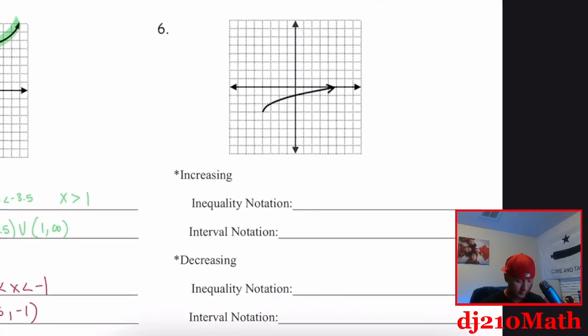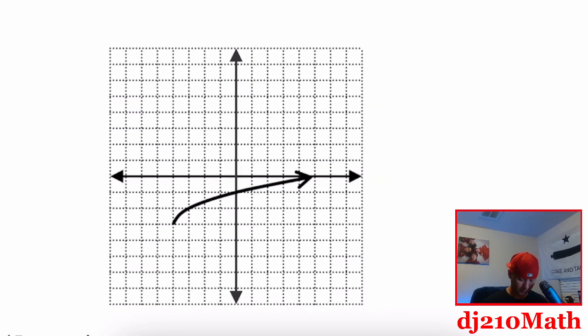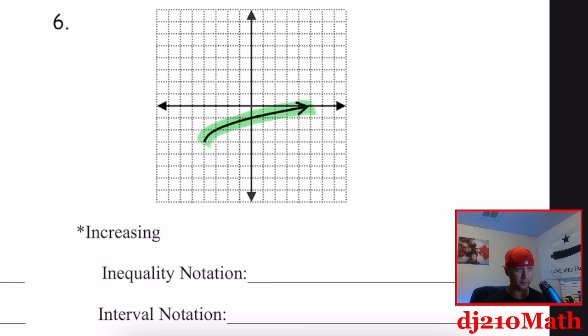Number 6. Oh, this is a fun one. Oh, this is easy. There's only one increasing interval. It's increasing everywhere from left to right. There's never a downhill moment. It's all uphill the entire way, if you go from left to right, which we're supposed to. Okay, so this is going to look like 1, 2, 3. So -4 towards infinity.